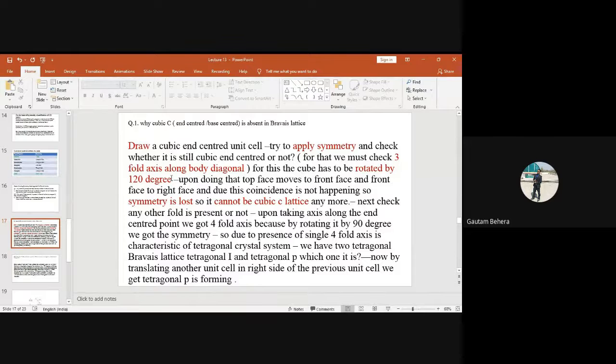But what you will find is that the coincidence is not happening. Even if you rotate by 120 degrees, the self coincidence is not happening for this end centered or base centered cell. But if it is face centered, body centered, or simple cubic, it will happen, right?